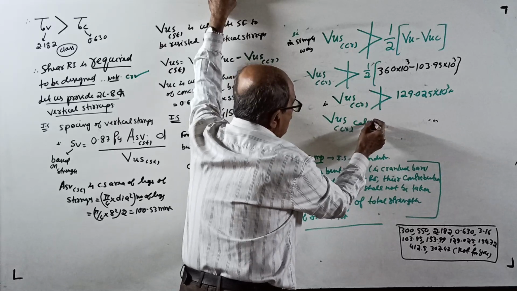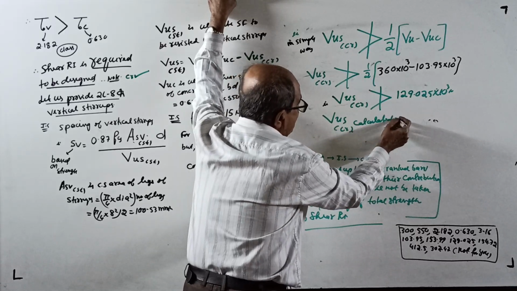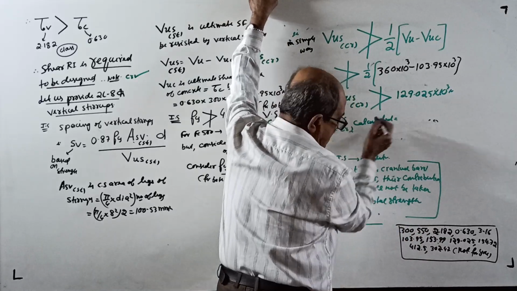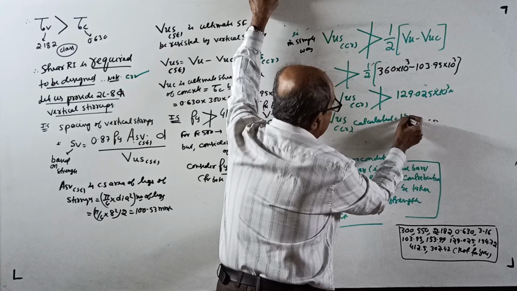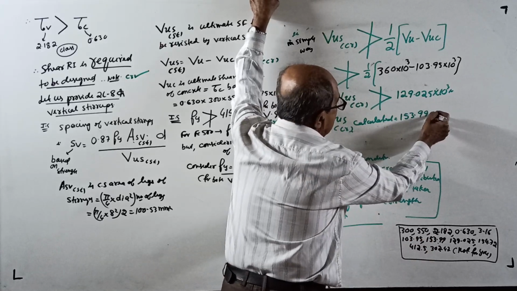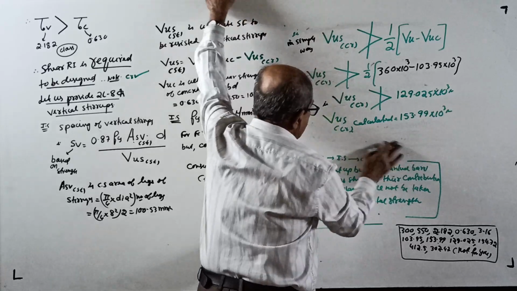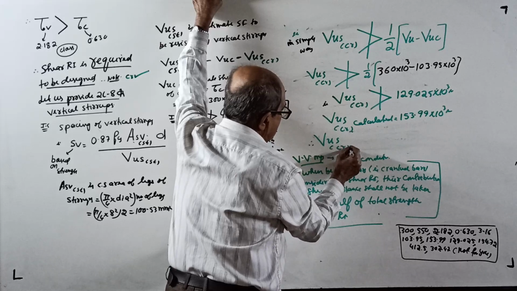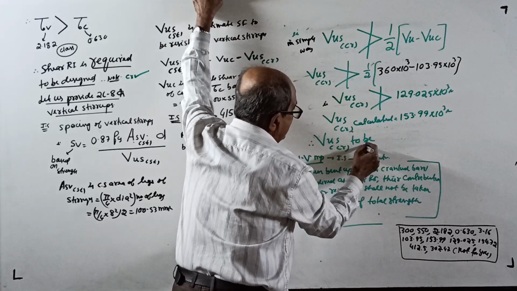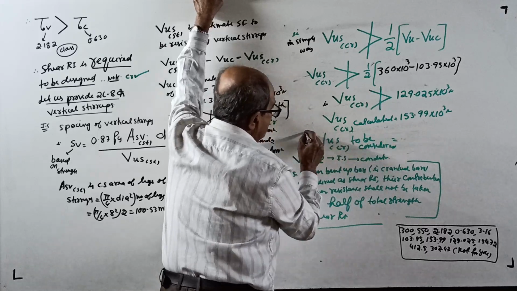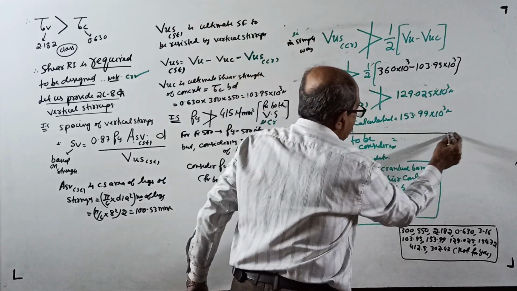VUSCR calculated is how much? 129.025. No, 153.99 10 to the power 3 Newton. Okay, now tell me. Therefore, VUSCR to be considered for further design is the most important to decide.